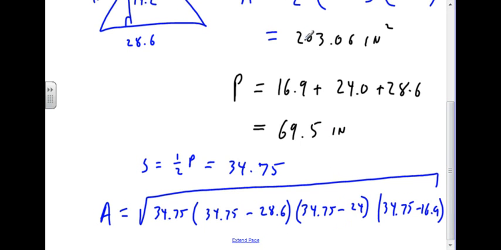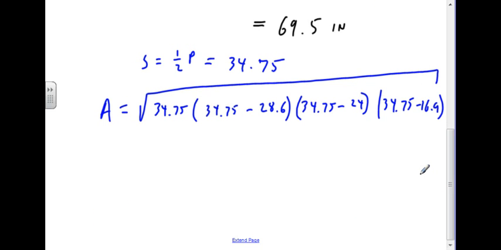And when we get done, we better get an answer close to 203, otherwise we're going to take Heron and string him up.